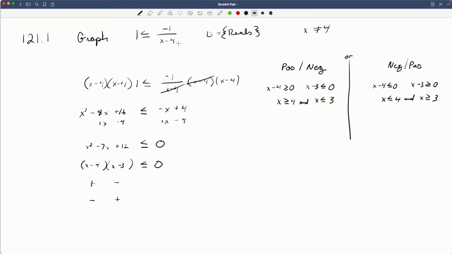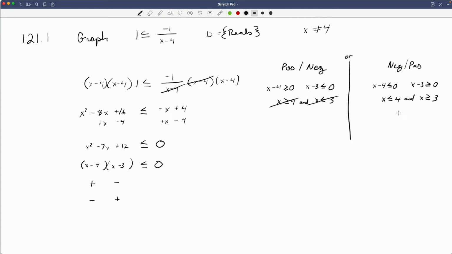So x cannot equal 4. Now that we've established that, we can also see that this is impossible. There is no real number that is greater than 4 and also less than 3. So this set is impossible to graph.